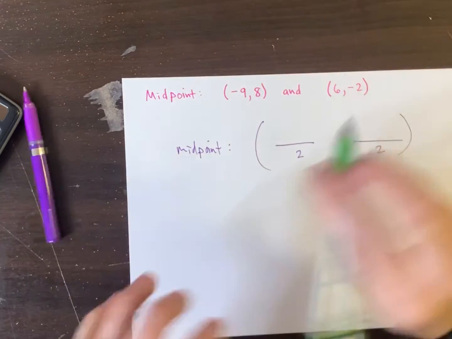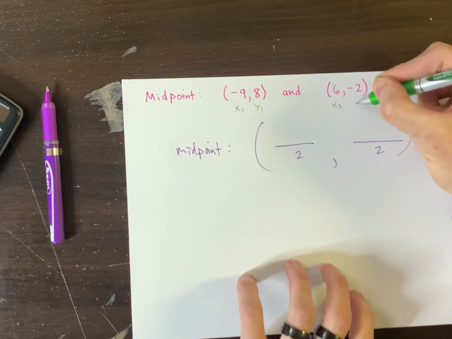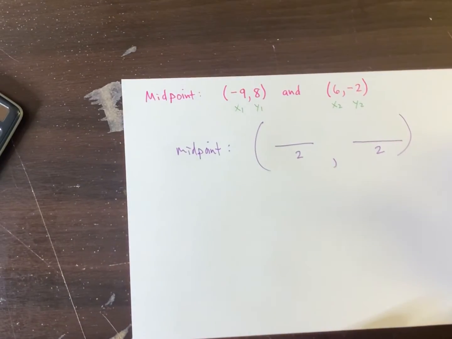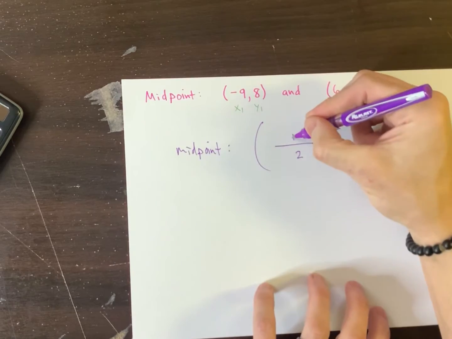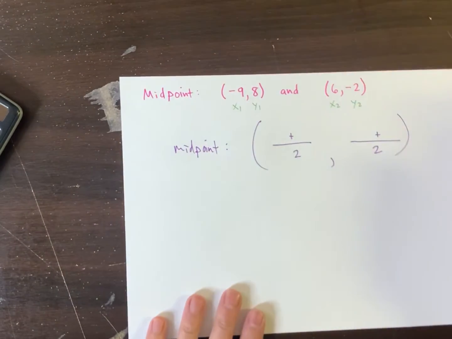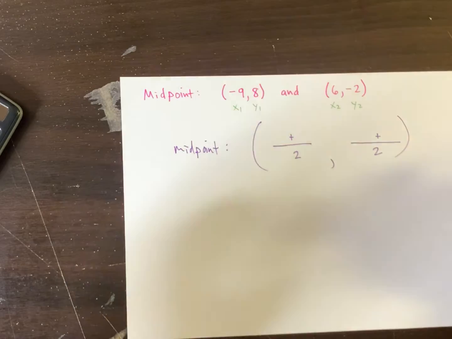And if you want, you could label them x1, y1, x2, y2. And then what you want to do is put plus. So again, for midpoint, this is the skeleton or the template that I would always set up.